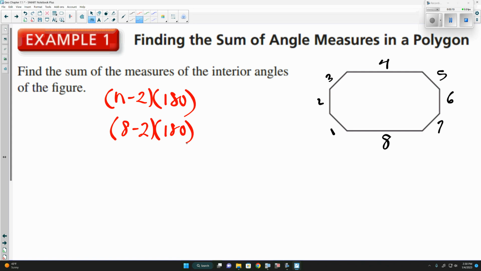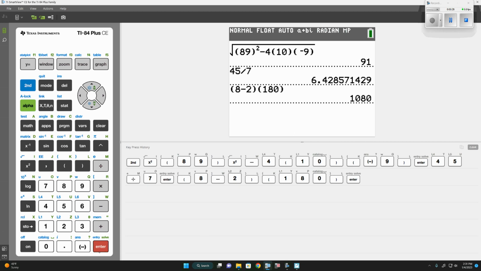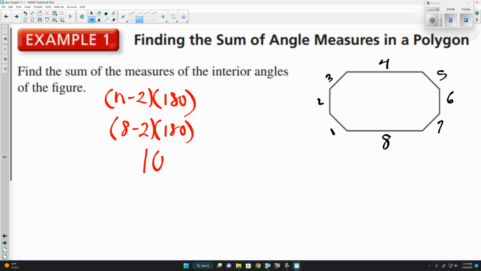At this point, we could type this into the calculator: 8 minus 2 times 180, hit enter and get 1080. We could say 8 minus 2 is 6, times 180 is still 1080 degrees. So the sum of the interior angles of this octagon is 1080.